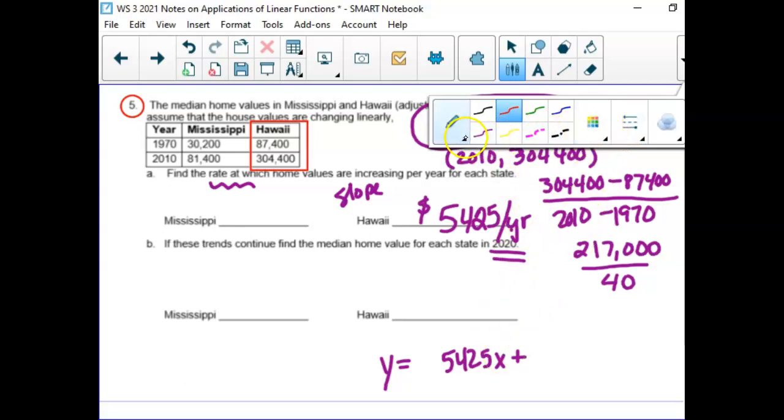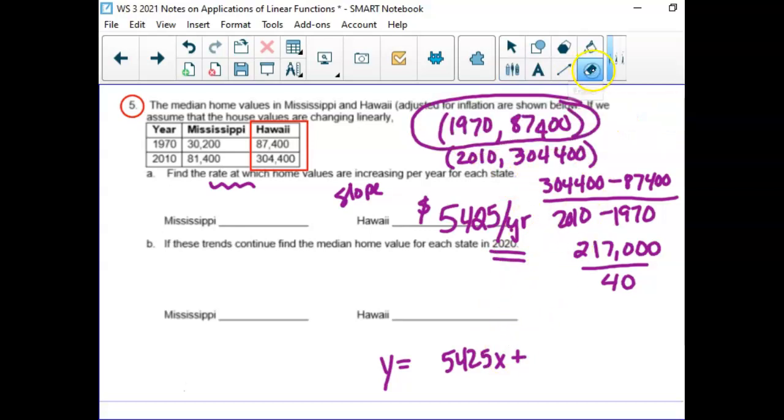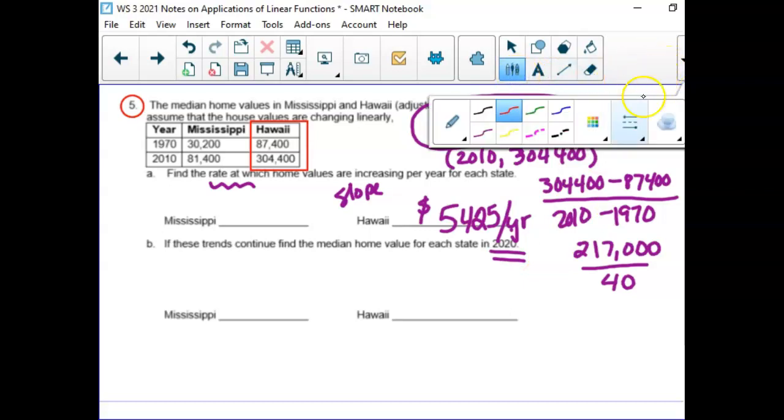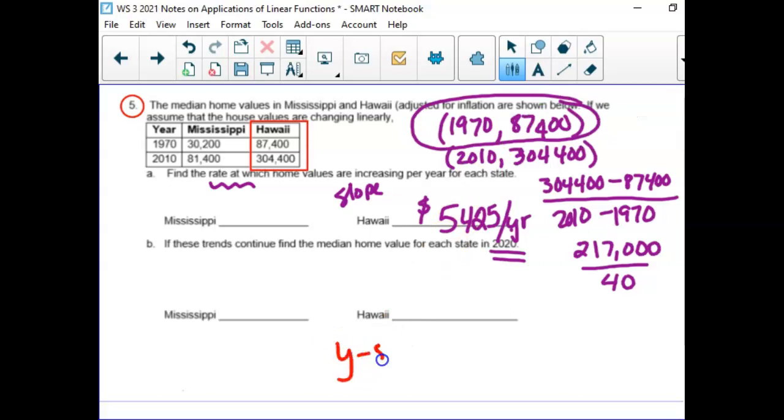Okay, so I am going to write y minus 87,400 equals 5425 times x minus 1970. So I just put this into point slope, because I could.